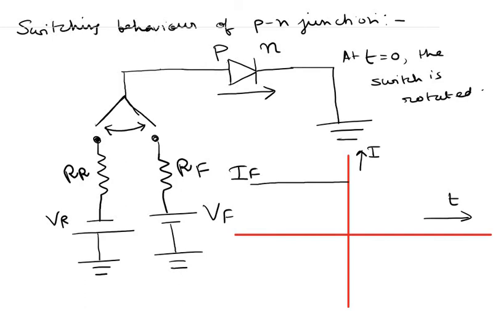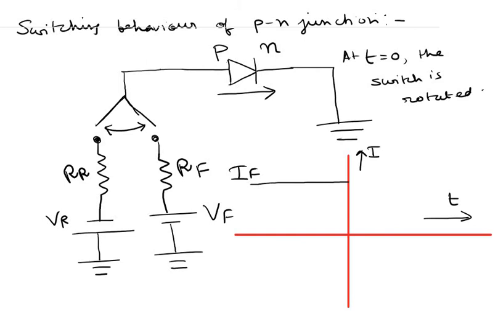So during forward bias there is a deposition of excess minority carriers which must be removed before the diode can actually behave like a reverse bias diode. When at t equal to 0 the switch is rotated and the diode suddenly goes from forward bias to reverse bias state, the minority carrier concentration must be removed before the diode can actually behave as a reverse bias diode. In addition, the depletion width must also change before the diode can behave as if it is in reverse bias state.